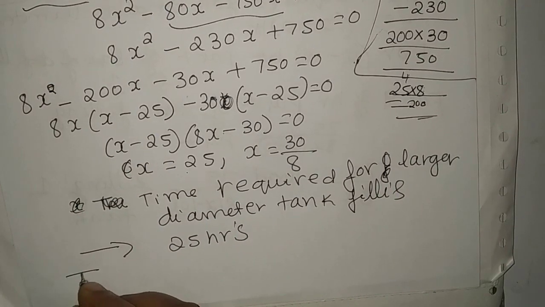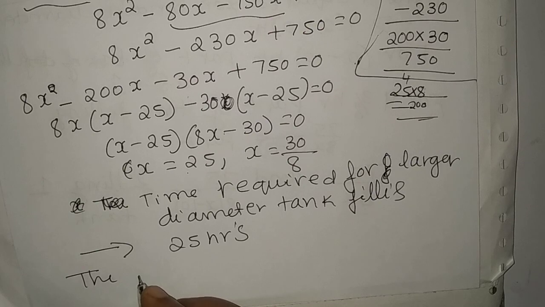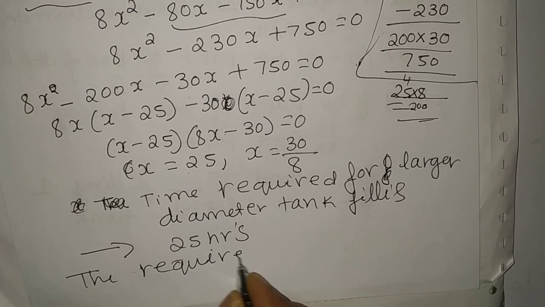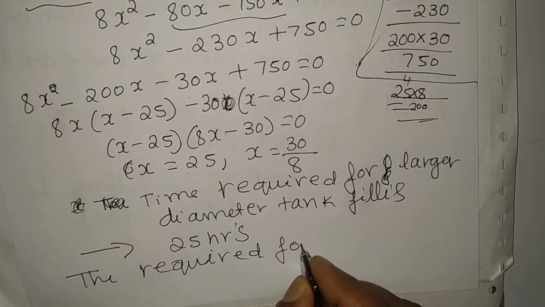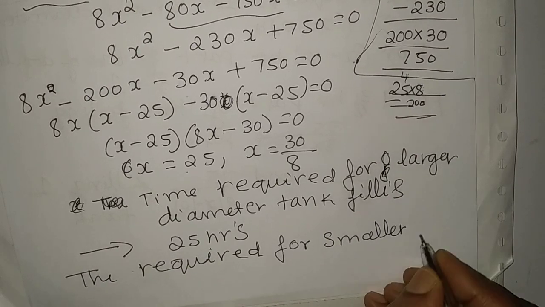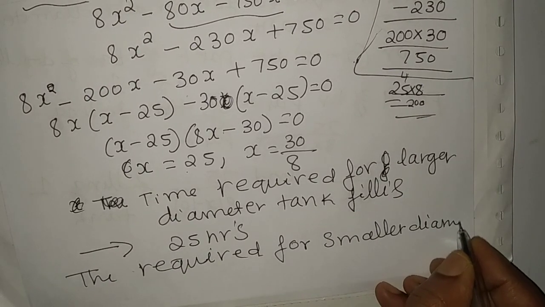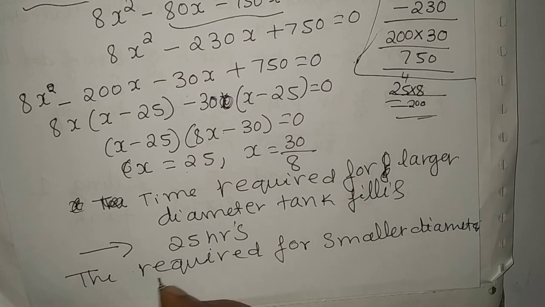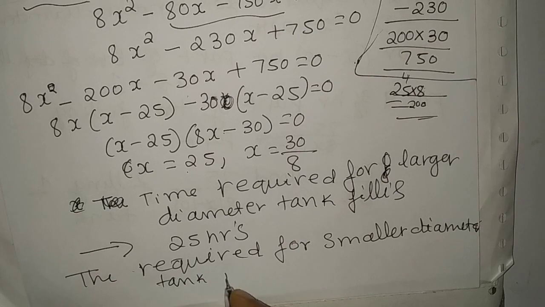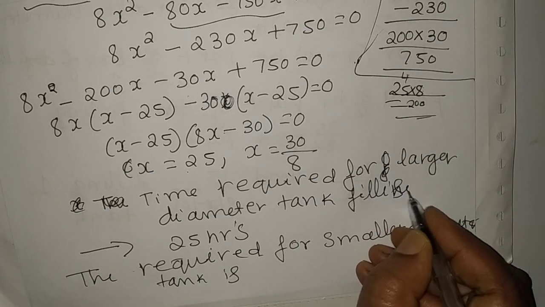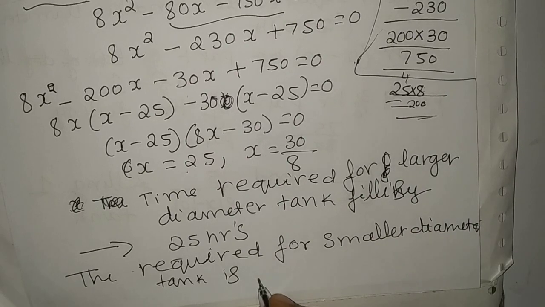Finally, next, the time required for the smaller diameter will be x minus 10. The time required for the smaller diameter tank is how much?